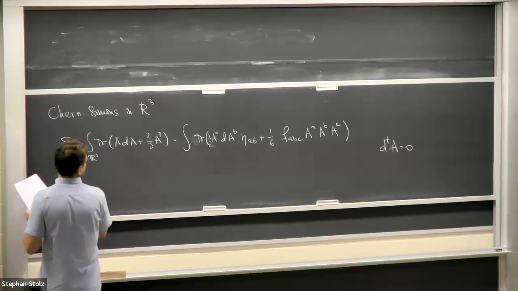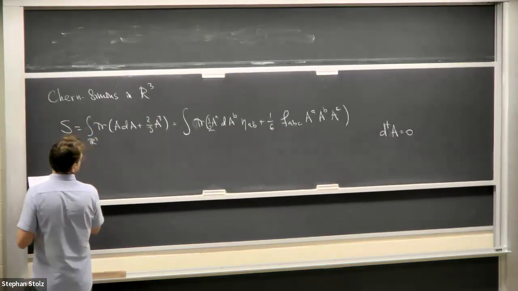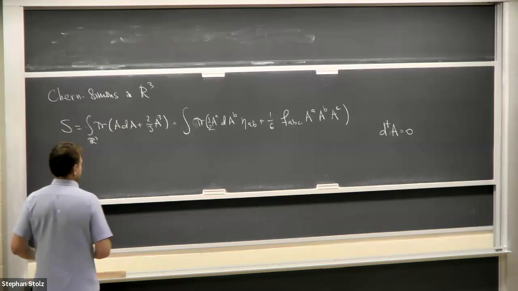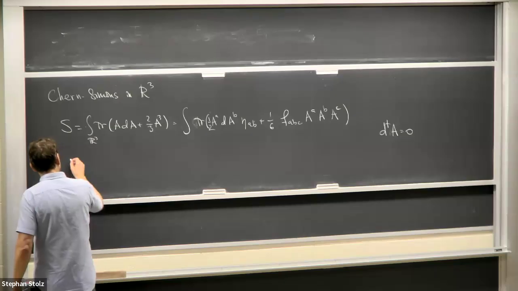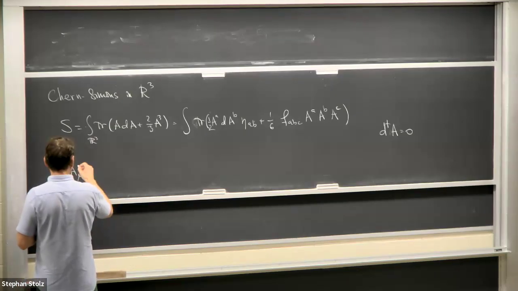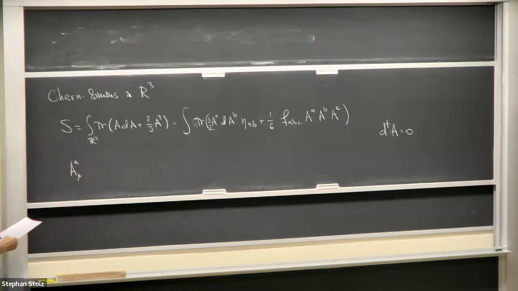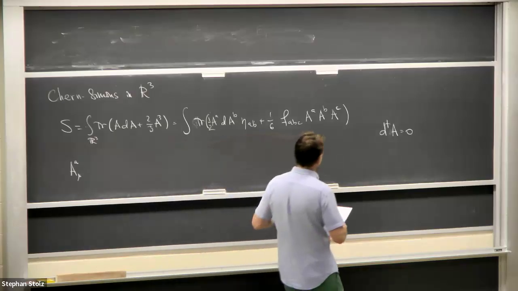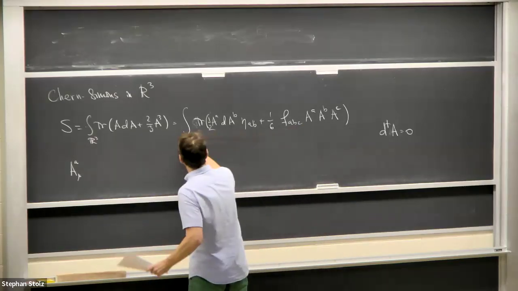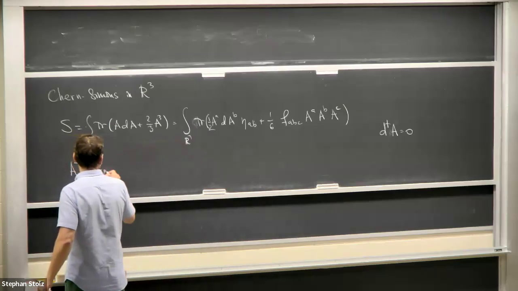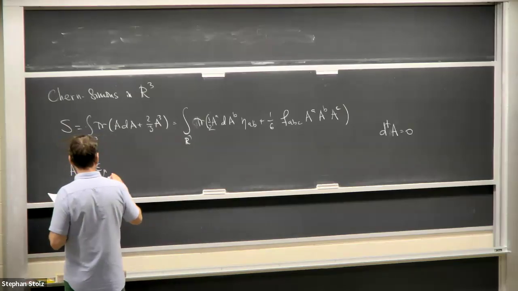So then what you can do is the following exercise, which I will just outline. You take your action, and then you basically substitute. How do you solve this Lorentz gauge condition on R3?